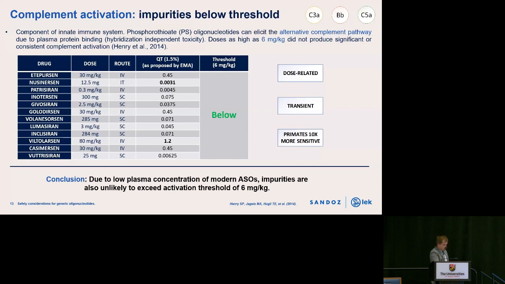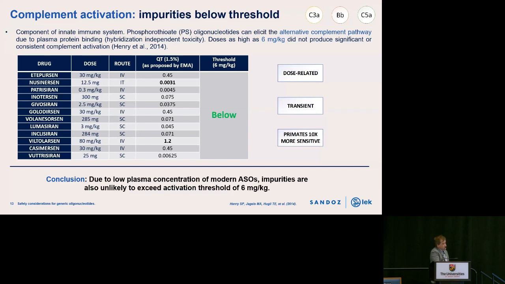And again, we can do a quick calculation. We take the doses of most approved oligos, we apply the qualification threshold, and we see that in all cases, we are well below the threshold of 6 milligrams per kilo. And that is also true for, I think, the high dose Viltolarsen, which I think can be given in a few grams.